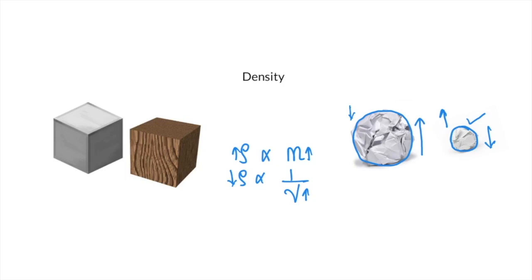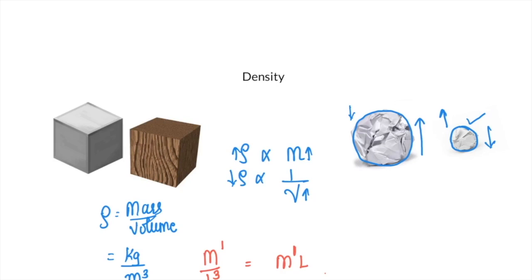So the formula of density I can give as rho is equal to mass upon volume. Its unit will be, mass is represented as kilogram, volume is represented as meter cube, and its dimensional formula can be given as, for mass I will be writing M1, and for volume I will be writing L cube, and collectively it can be written as M1 L raised to minus 3 T0, because it doesn't depend on time.